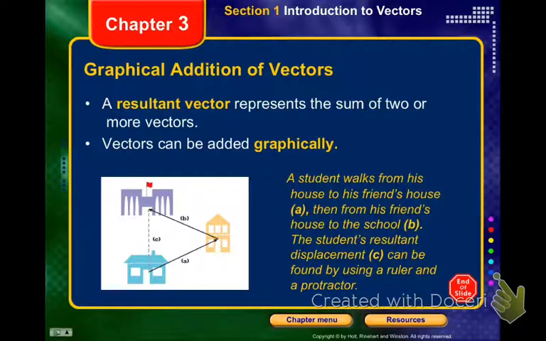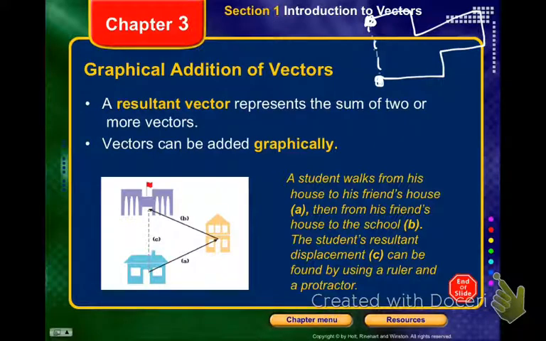Even if you stop in several places along the way, the resultant is going to be that dotted line from your initial to your final point.